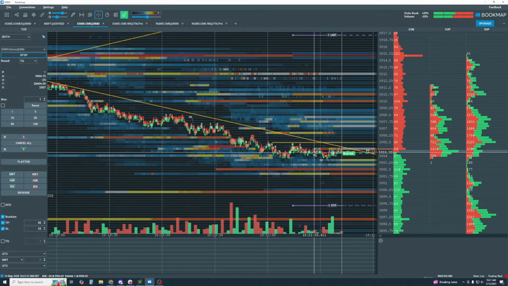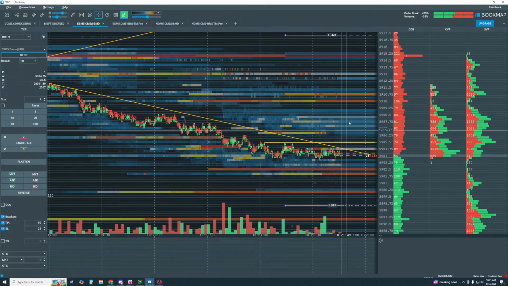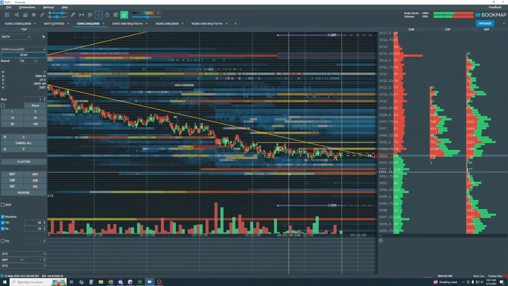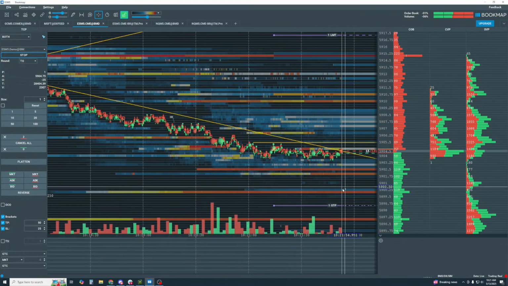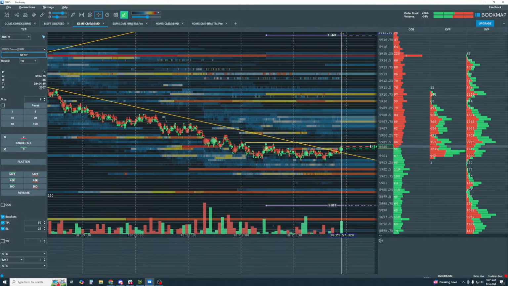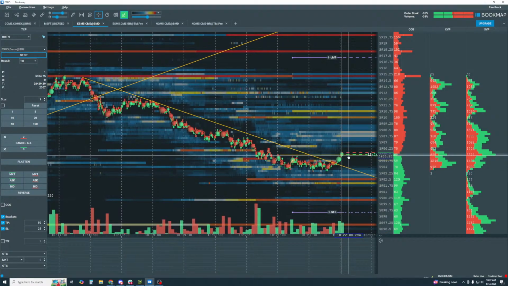Okay, so I'm looking for these aggressors to come in and take price higher. Okay, and you can see we have not broken that structure yet. Okay, so now we're starting to break it.